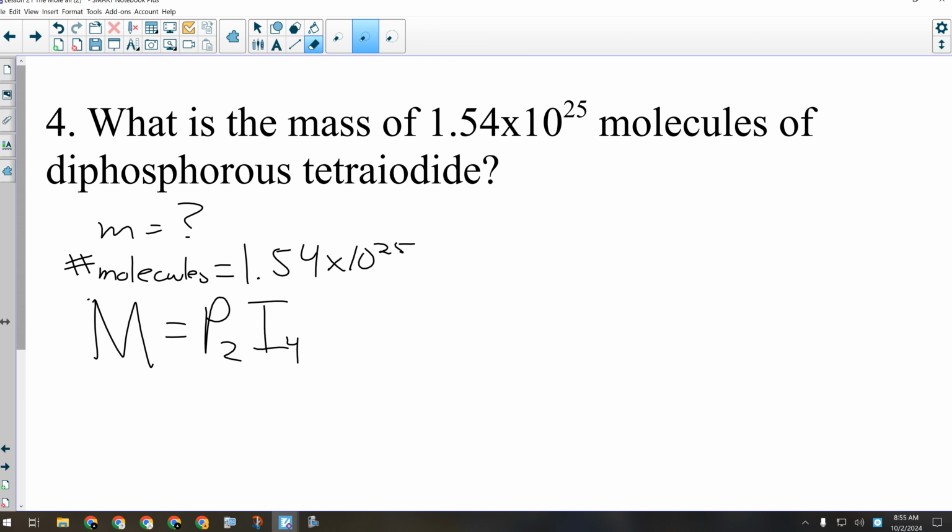Absolutely. Okay, so phosphorus, we got 30.97, and there are two of them, plus the iodine's 126.9, times 4.